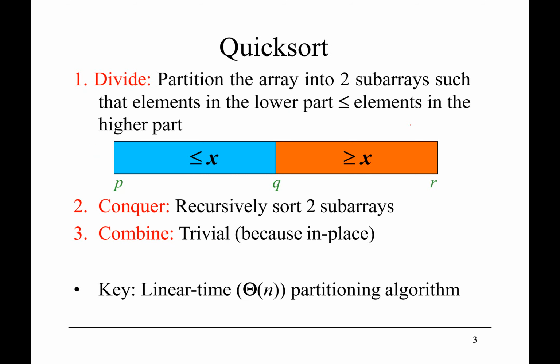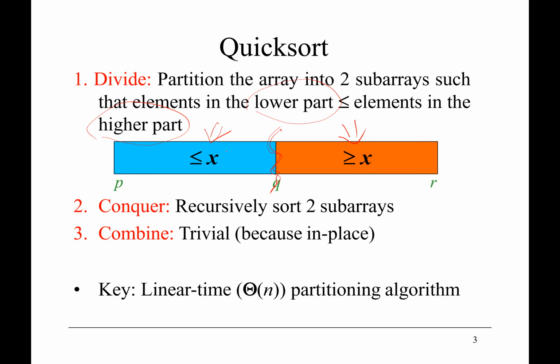So, in detail, let's take a look at the methodology. In quicksort, we partition the array into two sub-arrays such that elements in the left part are smaller than the elements in the right part. So the whole sequence is cut into two parts. Based on the element you choose as a pivot, we use this pivot to split the whole sequence into two parts.